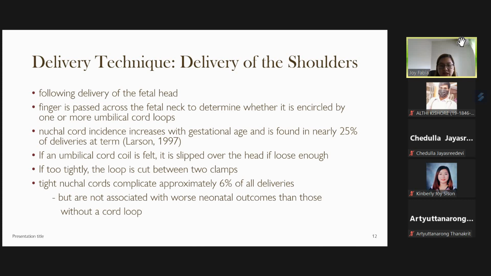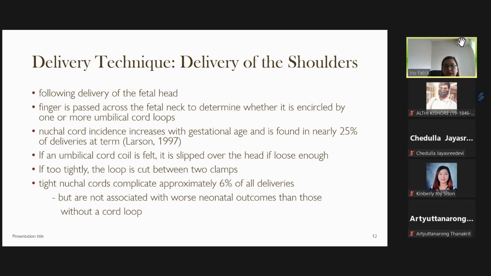So there are two ways. If it is loose, you can slip the umbilical cord to the back area of the baby. Whereas if you have a tight nuchal cord, you can cut between two clamps placed at once while the head is out and the shoulders are still inside. Once you see that the umbilical cord is tight, you can clamp and cut it right away so the baby can be delivered.